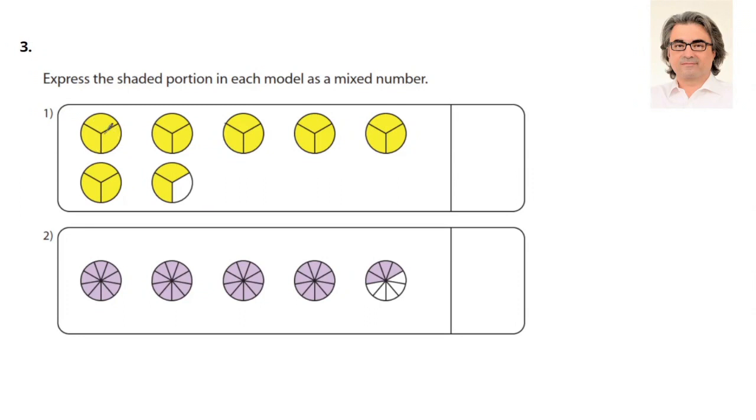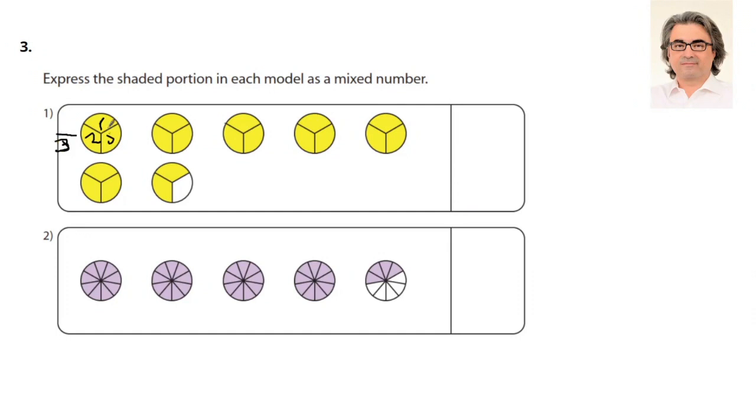What about the shaded region? How can you express this shaded region as a fraction? Number of equal parts of the whole is 1, 2, 3. So my fraction appears now. 3 is its denominator.